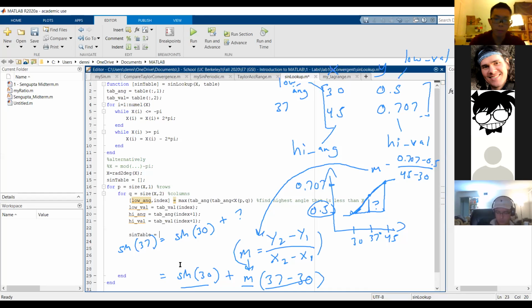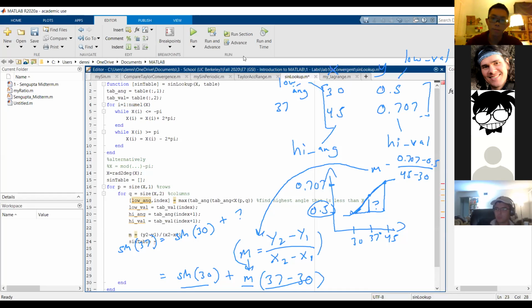So, sine table is going to be something. Let's calculate the slope first, actually. I'll say m equals, and I'll do this as a kind of template, y2 minus y1 divided by x2 minus x1.